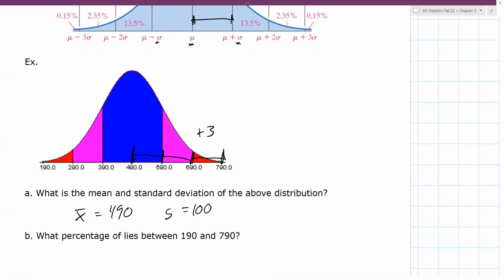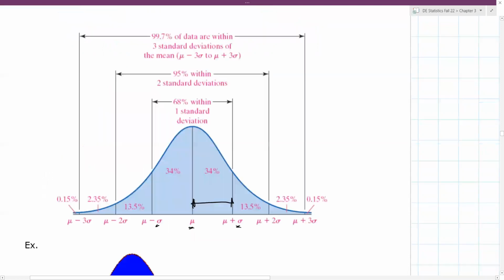Now let's count how many standard deviations I am below the mean to get down to 190. 1 standard deviation below, 2 standard deviations below, so that's 3 standard deviations below. So I'm 3 below and 3 above. If we go from 3 standard deviations below all the way to 3 above, that is going to be 99.7% of the data.